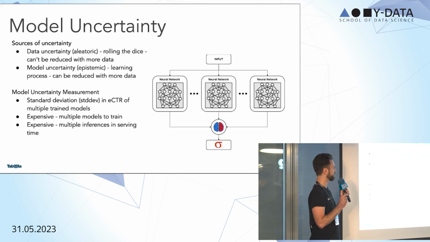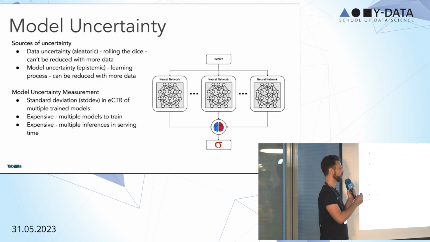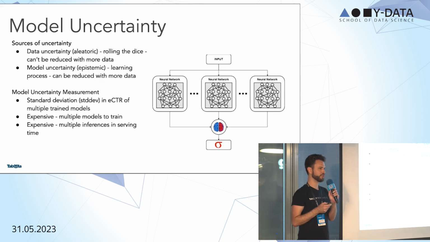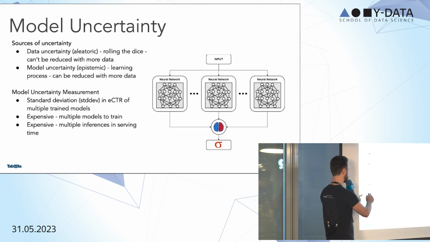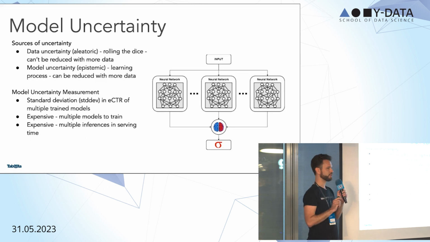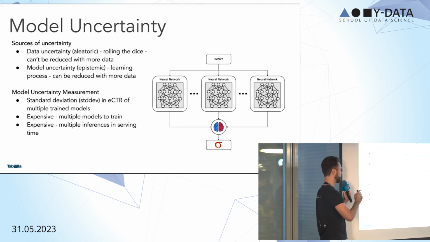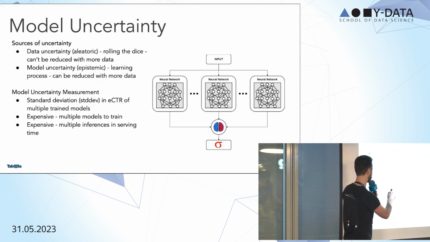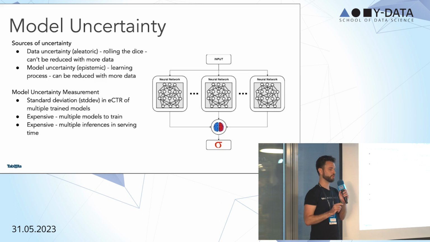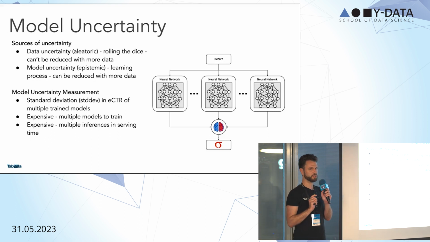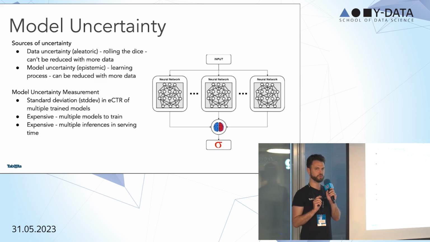But if it's not that obvious, then different runs will end in different local minima and will produce varying outputs. And then the deviation of the estimations from the model will be large. So our model uncertainty measurement is the standard deviation of expected CTR from multiple trained models. So that's our basic metric that we're going to regard during this talk.